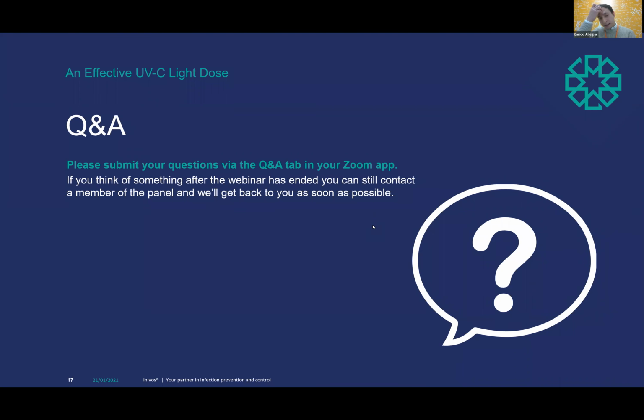Well, yeah, sorry, my connection just went a little bit unstable there. Actually, one thing we can say for certain is that there isn't an accepted minimum dose for it. In my slide I had an example, I think for a log 6 reduction, of 1048 millijoules per square centimeter.